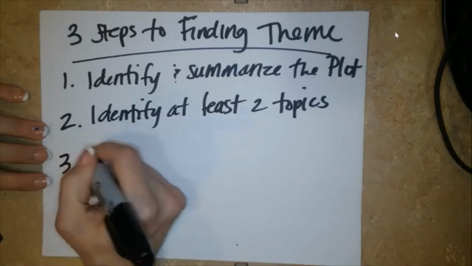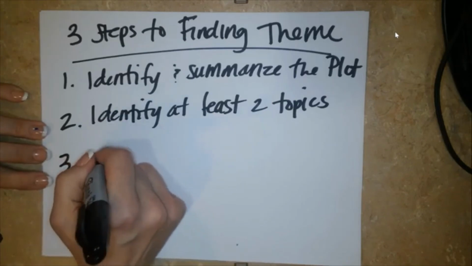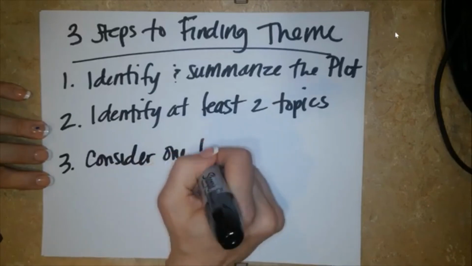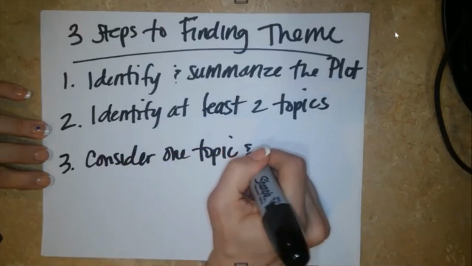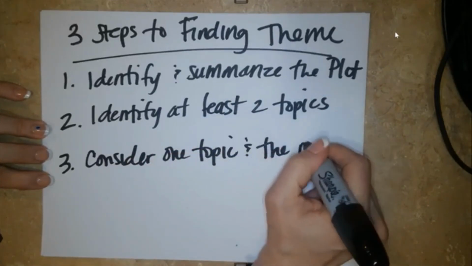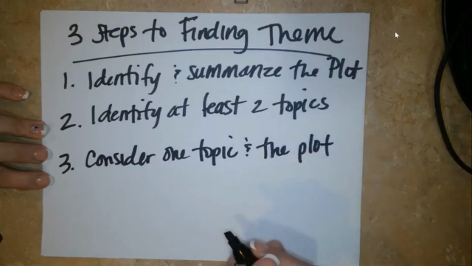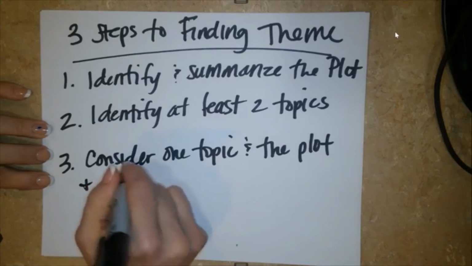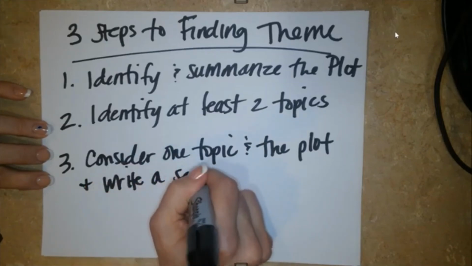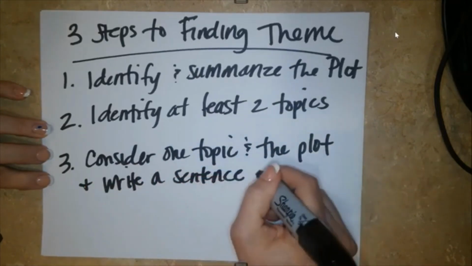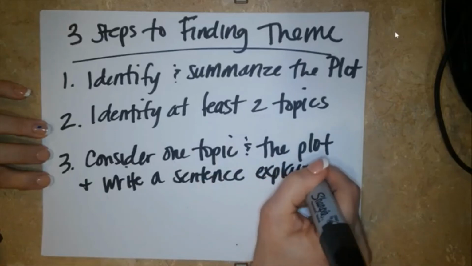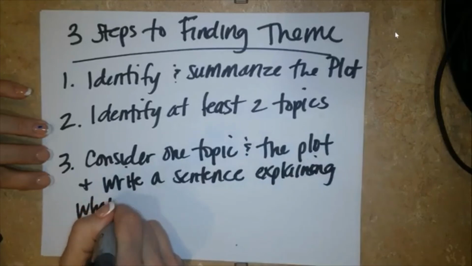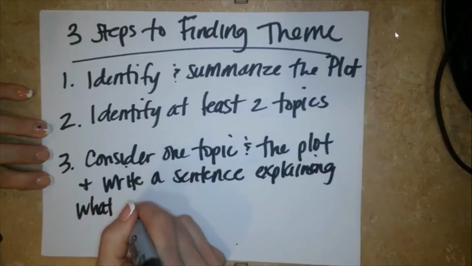And the last thing you're going to do is consider one topic and the plot. So what happens in the story in regards to this topic. And you are going to write a sentence, a complete sentence, explaining what the story says about the topic.